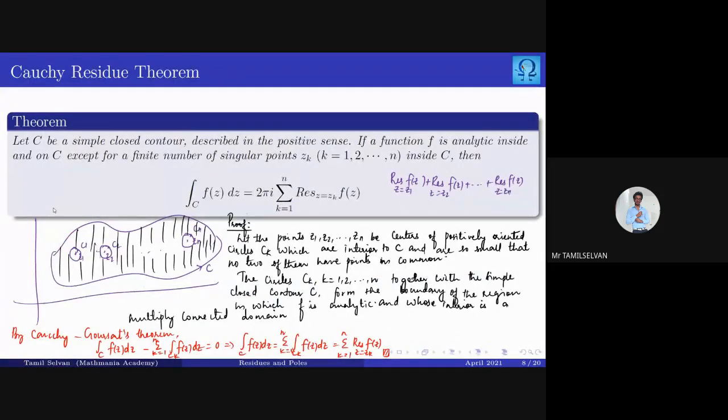Anyone? What does this theorem tell us? Anyone, please?